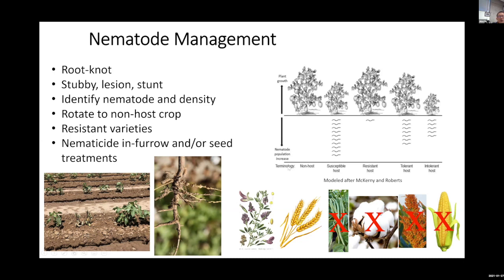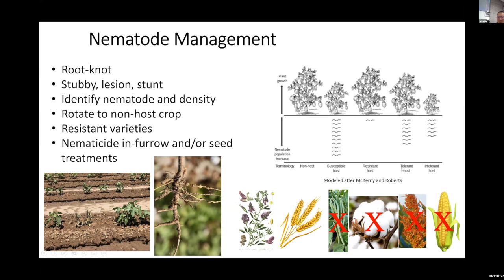I want to use a chart here to illustrate what non-host means. Non-host means that particular plant species does not support nematode reproduction in the soil. For the resistant host, you also have almost zero reproduction. For susceptible hosts, you will have a lot of reproduction.